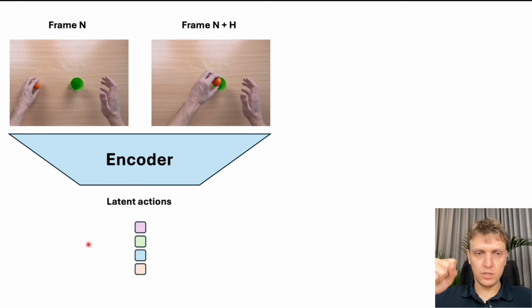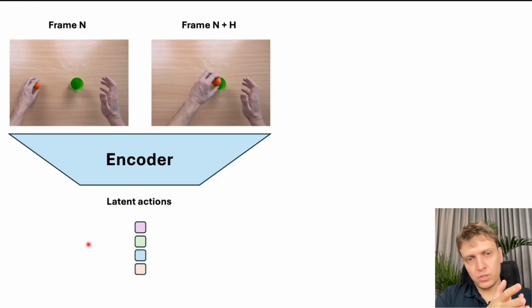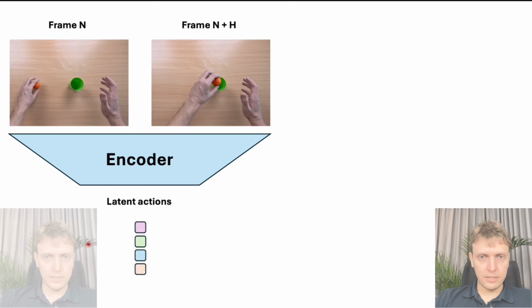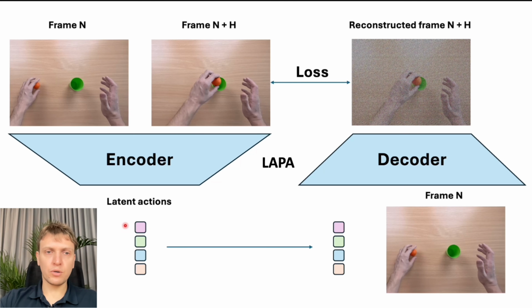It takes two images and encodes them into some latent action space. But now we need to somehow force this vector that we generated to be something that we can interpret as actions. To do that, we have a second part, that is a decoder. The encoder simply transforms the two frames, current and future, into the vector.